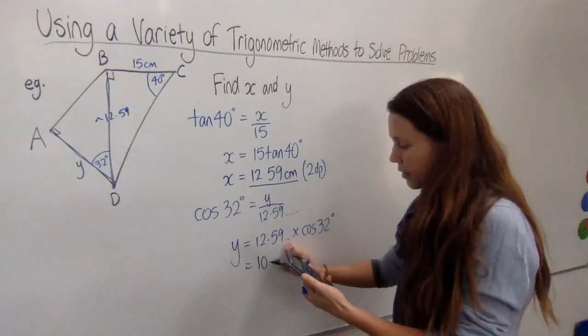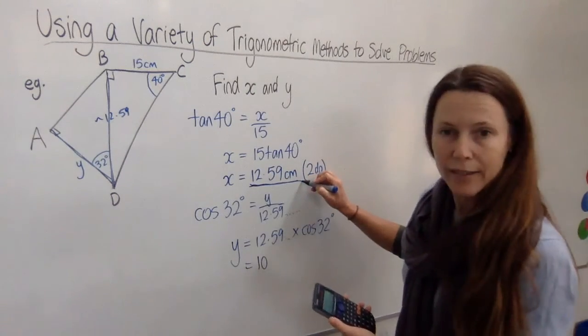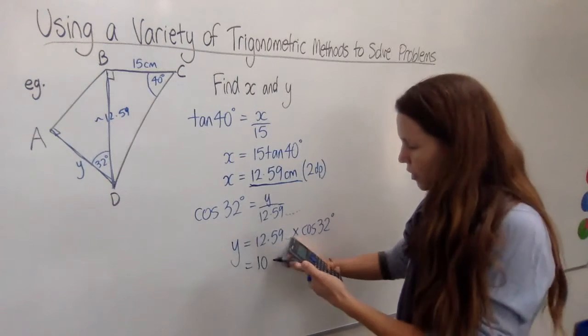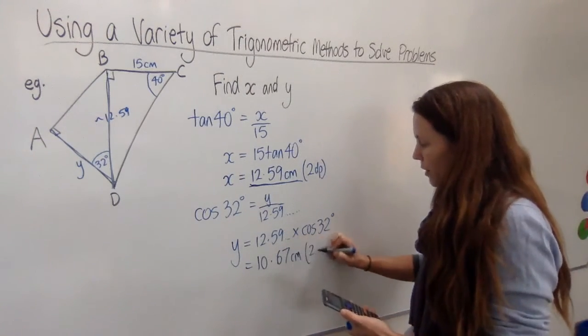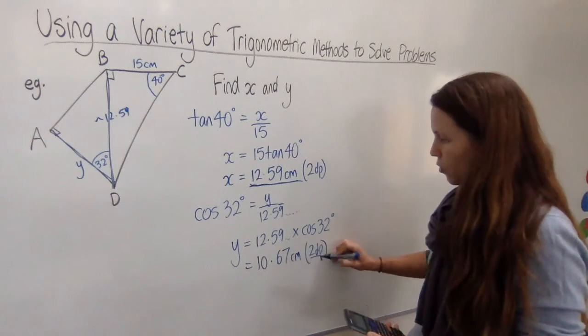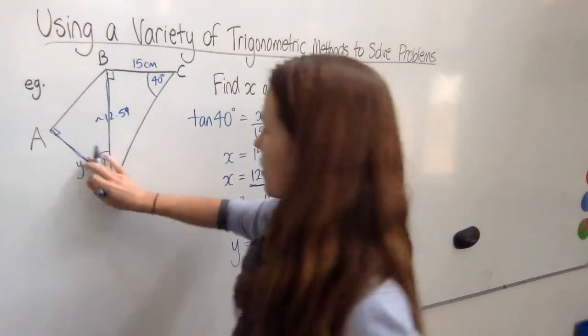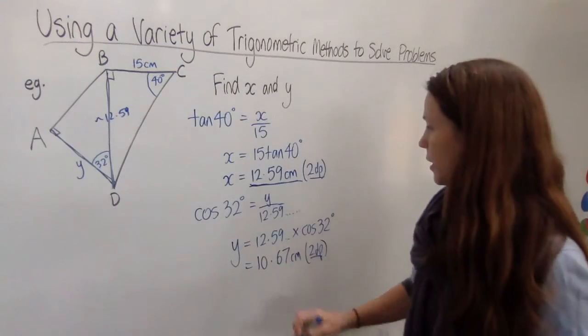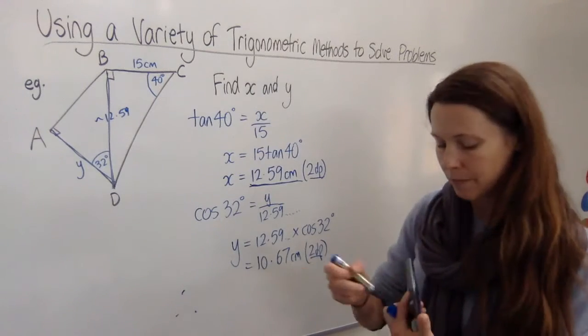So this will now be a good answer, and it uses the whole answer here, not an approximation. So we've got 10.67. We can also now round that off to 2 decimal places. Remember, when you're rounding off, always say what you've rounded it off to. So now we've got our answer for y, and we're done. At the end, you might like to write a nice little statement, x equals this and y equals that.